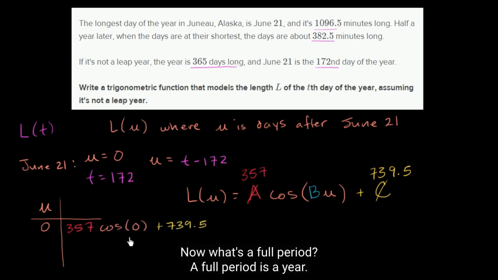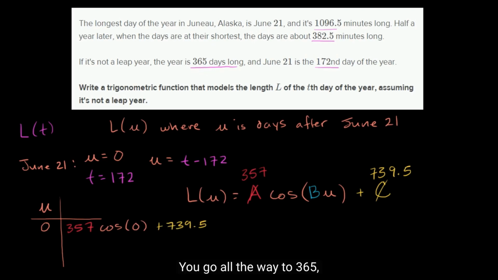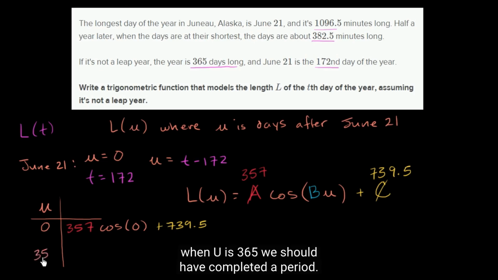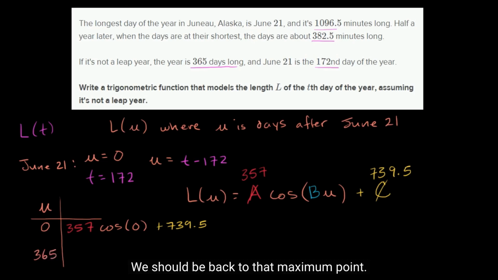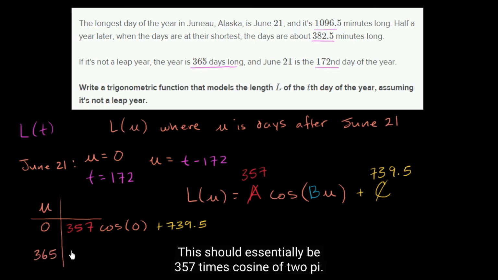Now, what's a full period? Well, a full period is a year. At a year, we get to the same point in the year, which is, I guess, a little bit of common sense. So you go all the way to 365. When u is 365, we should have completed a period. We should be back to that maximum point. So this should essentially be 357 times cosine of 2 pi plus 739.5.